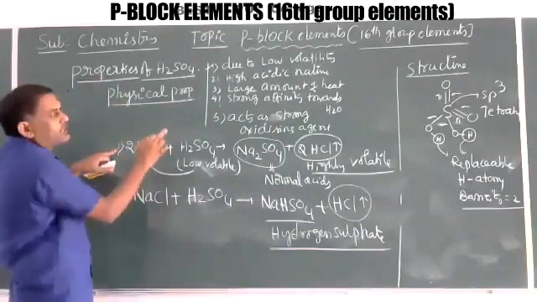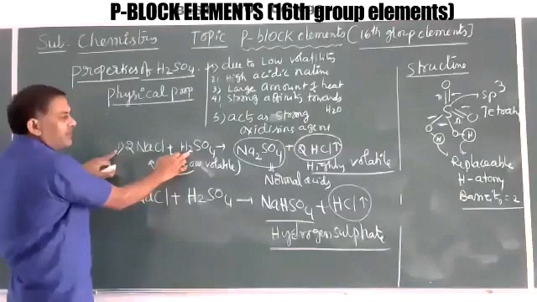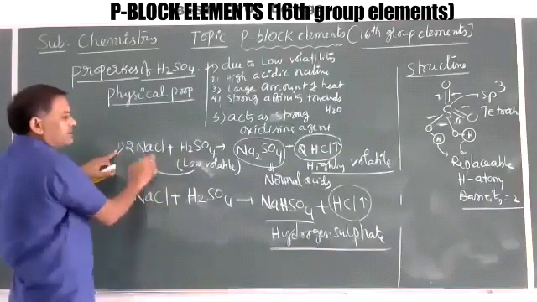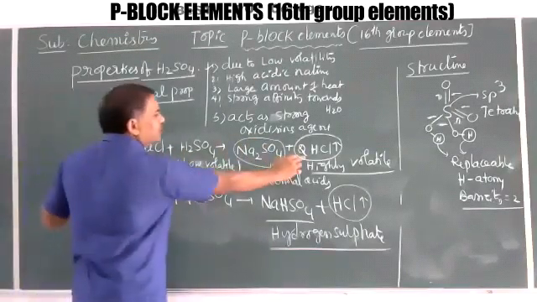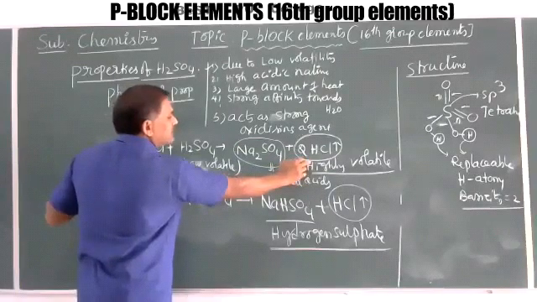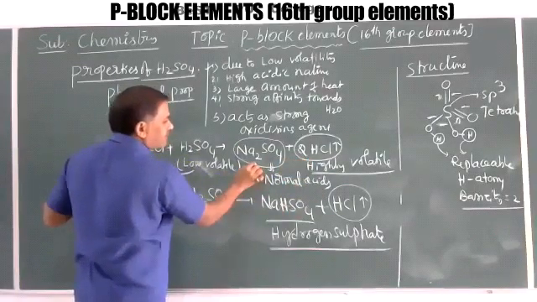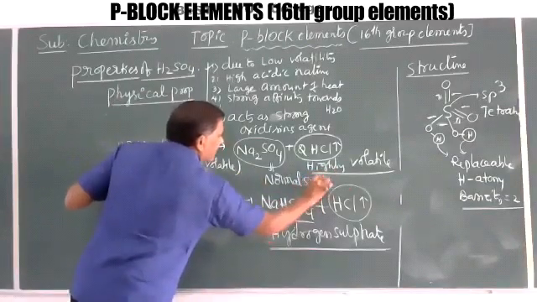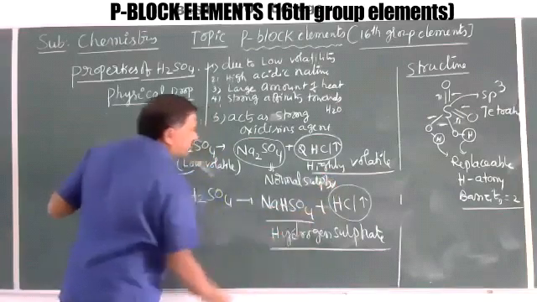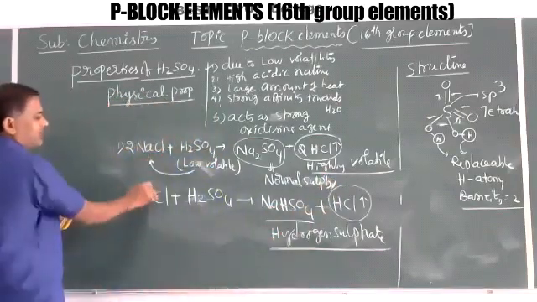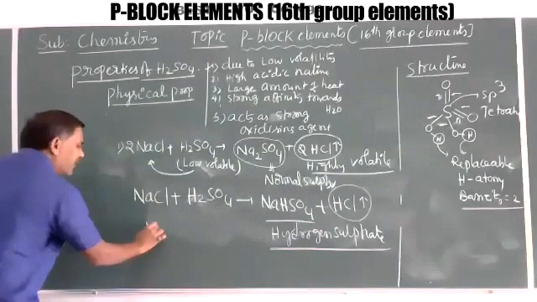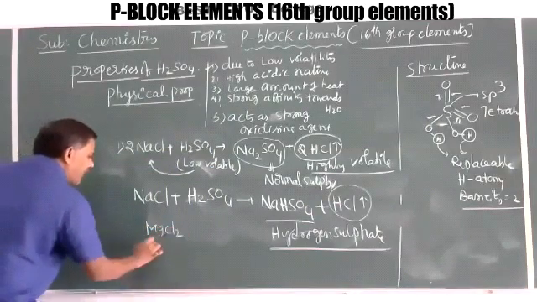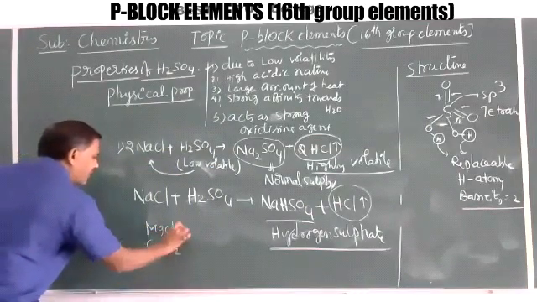Finally, by using low volatility sulfuric acid, it reacts with the corresponding salt solution and gives the respective highly volatile acids, as well as normal sulfates and hydrogen sulfates. Not only this, it reacts with magnesium chloride, calcium chloride, or whatever.